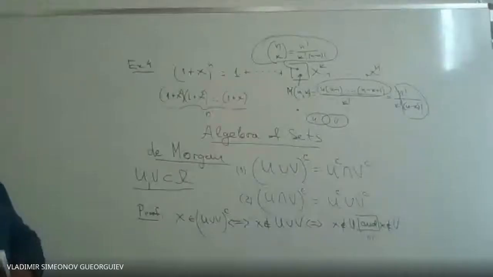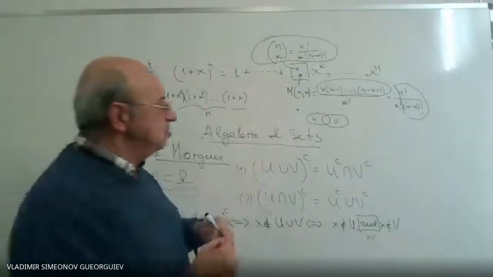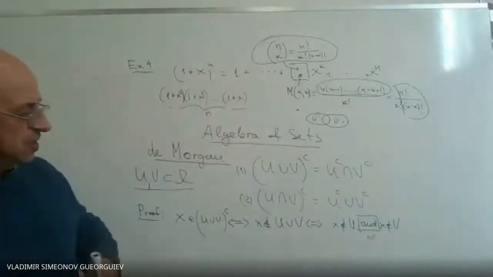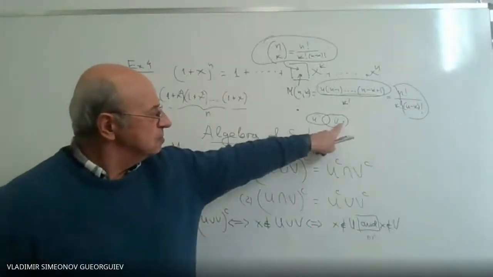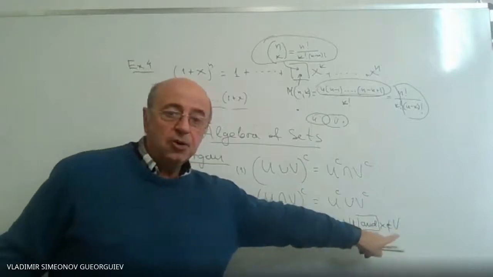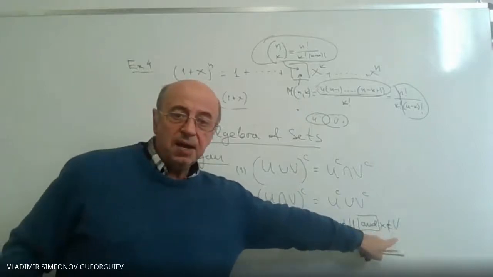What can happen? x is not in U, for example, I can take x here. And you see, x is not in U, this is fulfilled, but due to this "or", I don't care about this condition.